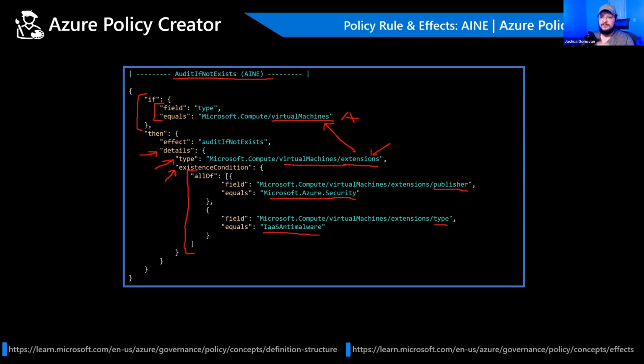So essentially it's making sure this virtual machine has anti-malware installed. It's pretty awesome. If it does, it will move on and do nothing. If it doesn't, because we're using audit, it will flag the compliance dashboard for whoever in your company manages that. If that's you, that's awesome. It will flag that compliance dashboard saying that your virtual machine is not in compliance because it does not have anti-malware installed.